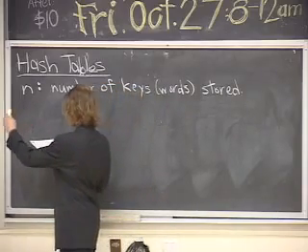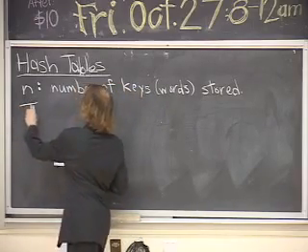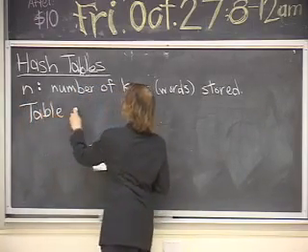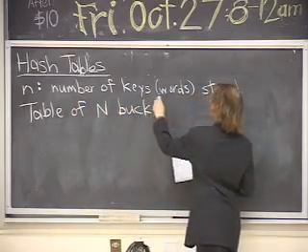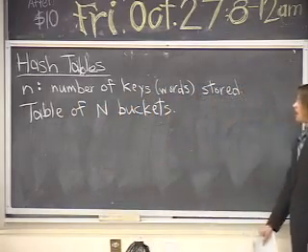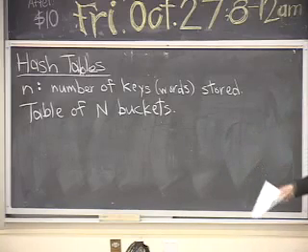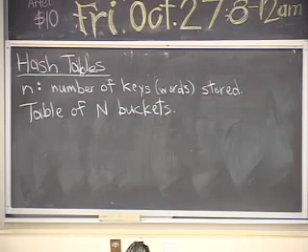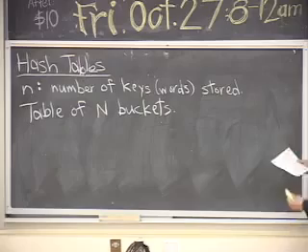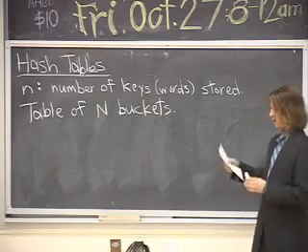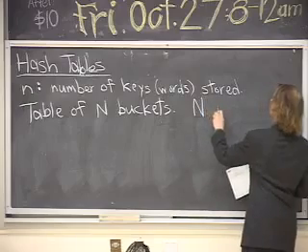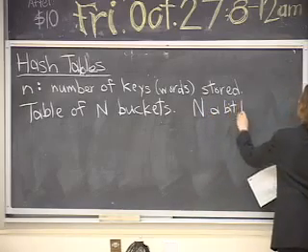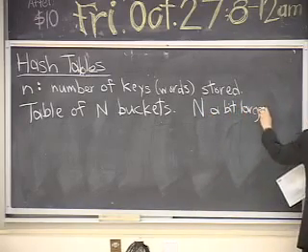And we're going to let capital N be the number of buckets we use to store these keys. And the number of buckets is not going to be 26 to the 45th either, because we can't do that. We'll never have enough memory. But what we're going to do is we're going to make big N a bit larger than little n.